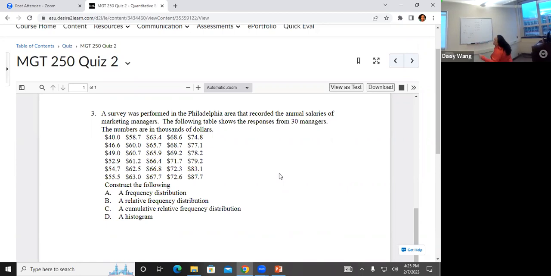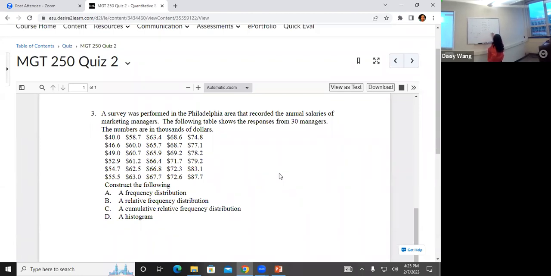60, 1, 2, 3, 4, 5, 6, 7, 8, 9, 10, 11, 12, 13, 14. And then 1, 2, 3, 4, 5, 6, 7. 7 and 2.